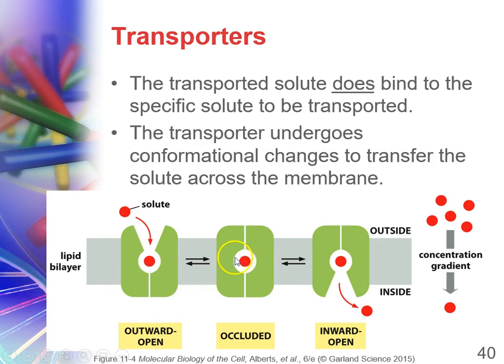We go through a phase where this is occluded, meaning it's not accessible to either the outside or the inside. And then there's a conformational change that occurs, and that allows the solute to be transported to the other side of the membrane. And again, this is going along a concentration gradient, so no ATP is required.